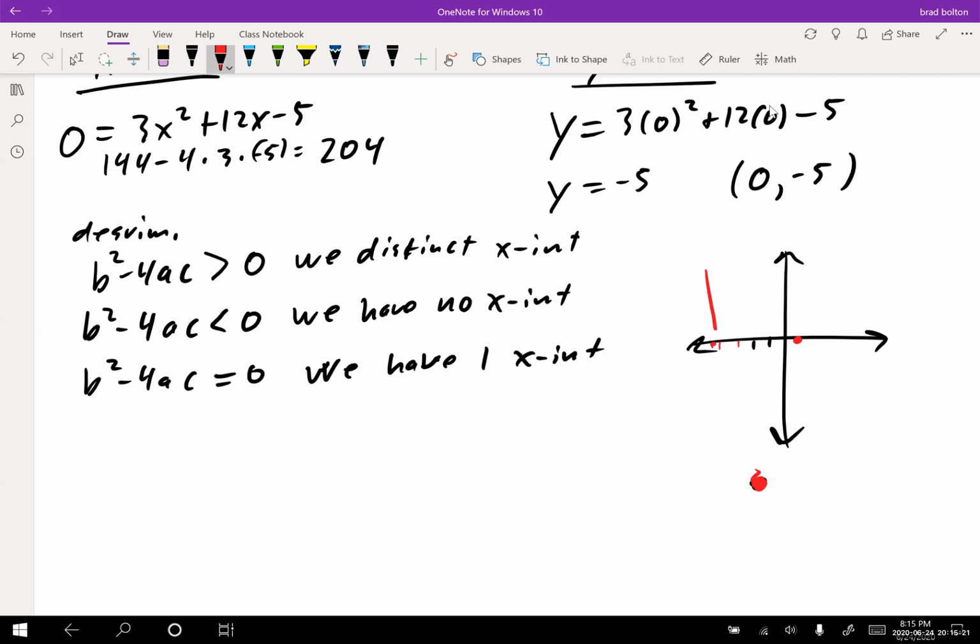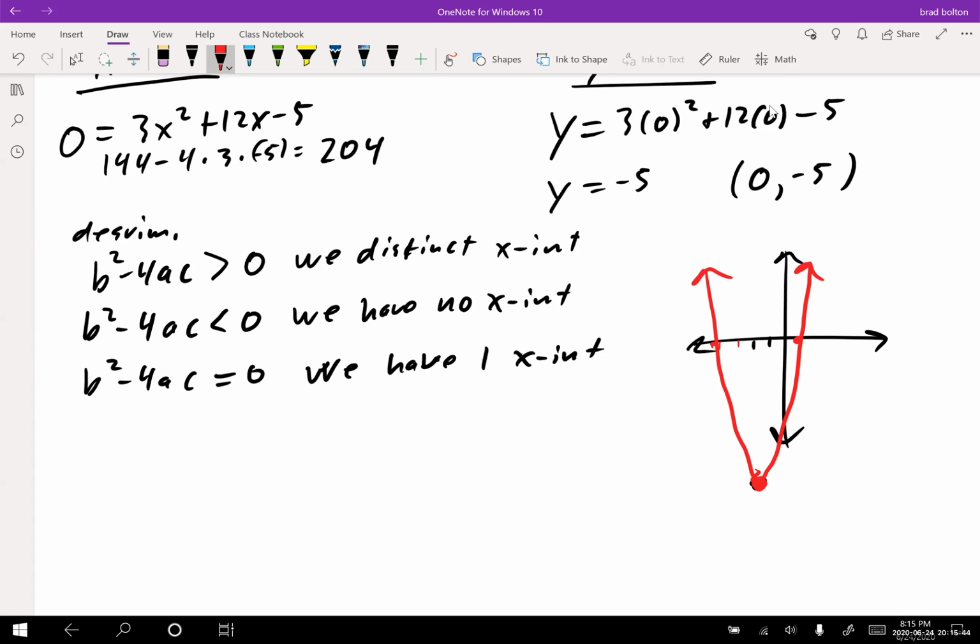So it looks like it crosses right here. Okay, so that is what my parabola would look like. And again, I'll fill you in on how to find the x-intercepts more cleanly. This particular one had irrational x-intercepts, where we just had to use the discriminant to see.